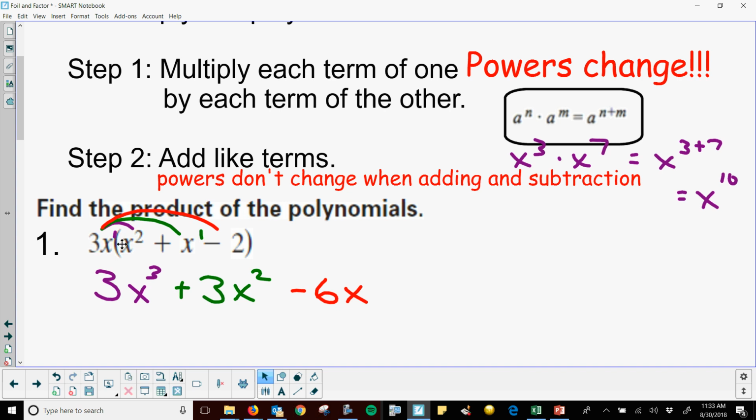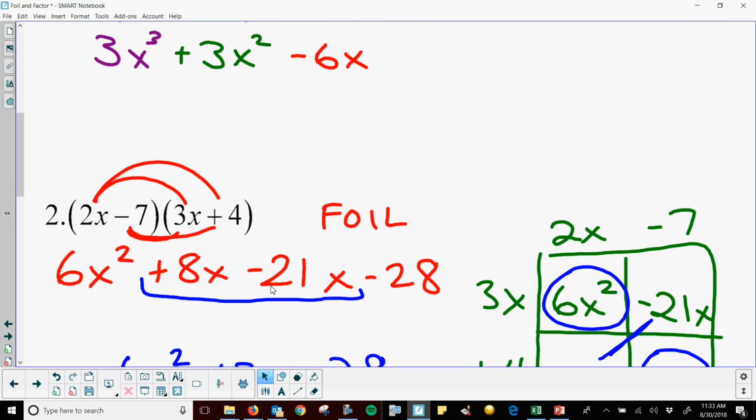So 3 times the invisible 1 is a 3. X and x squared become that. Multiply here, 3 times invisible 1 is 3, x and x is x squared, 3 times -2 is -6x. There's no x right there, so we just leave it as this is the only x that's there.